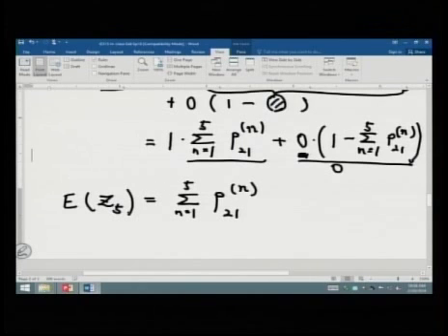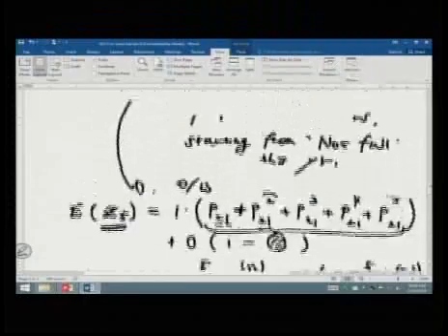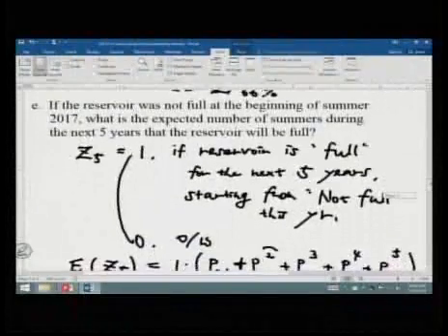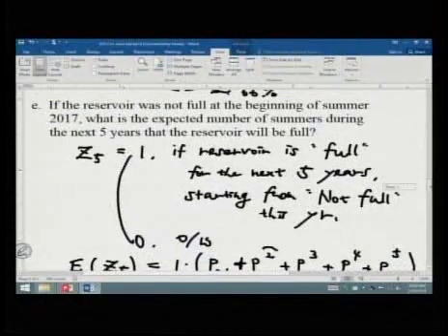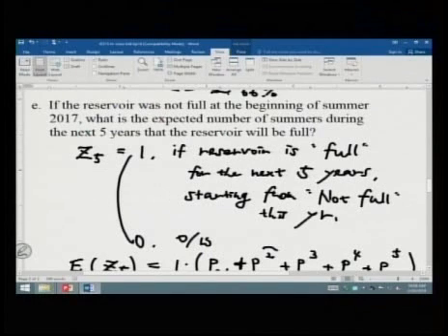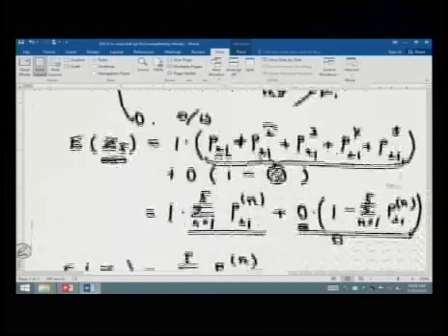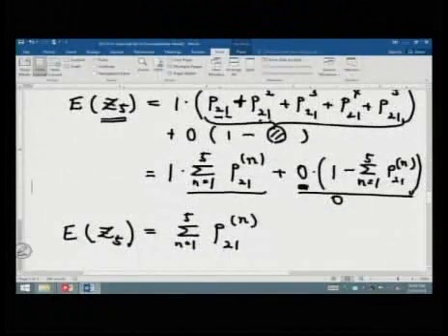Now, let's go back to the original question here. It's been asking you, if the reservoir was not full at the beginning of summer 2017, what is the expected number of summers during the next 5 years that the reservoir will be full? So actually, we already answered it, right?